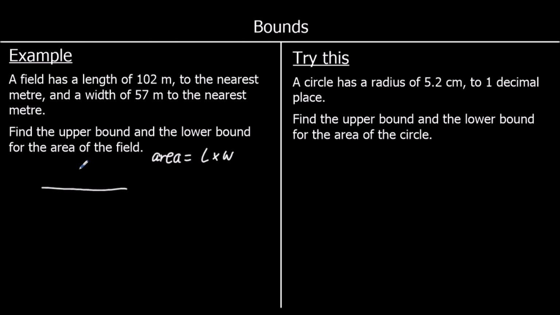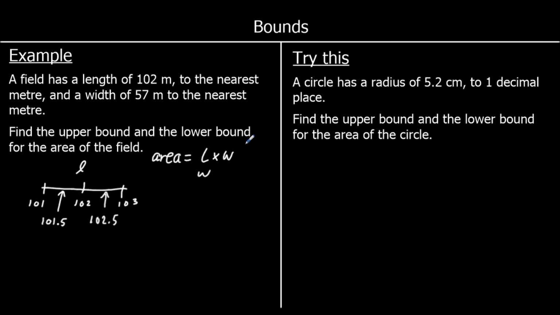So for the length, it's measured at 102. The one up is 103. The one down is 101. So the lower bound is halfway between 101 and 102, which is 101.5. And the upper bound is halfway between 102 and 103, which is 102.5.